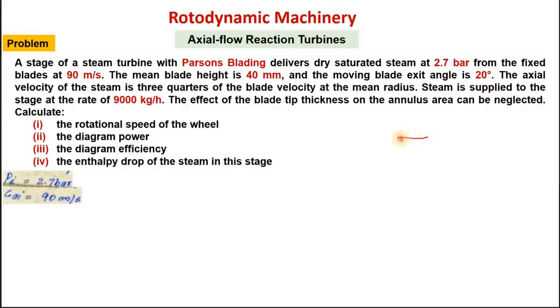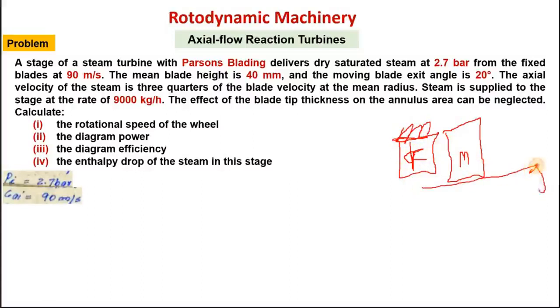For example, this is fixed blade or the nozzle, and next is moving blade, and blade height is increasing in the direction of steam flow. This is moving. So this makes one stage. This fixed blade are attached to the casing, and moving blade is attached to the shaft.